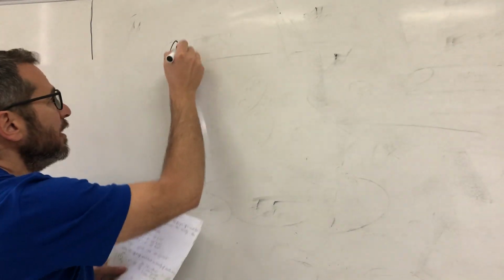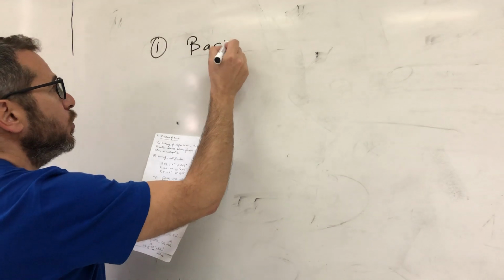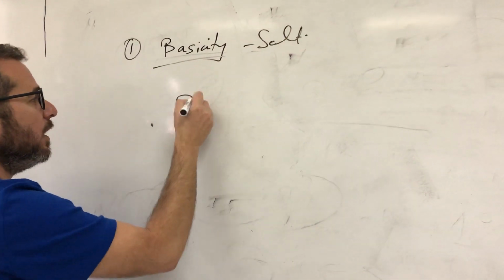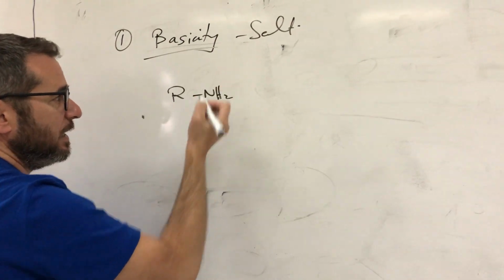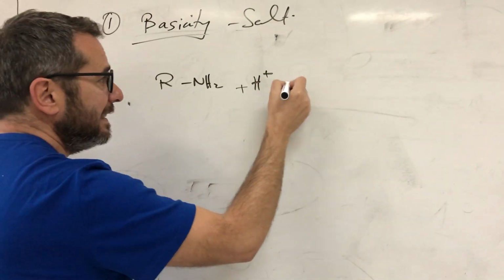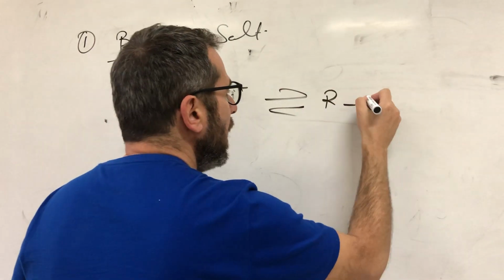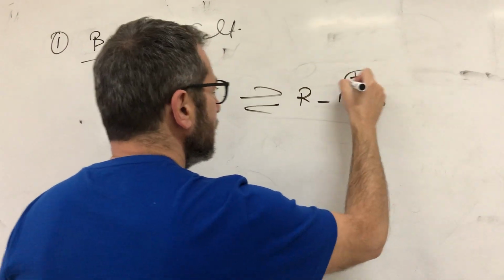What is the first reaction? It's basicity, salt formation. If you take a primary amine, it's a base, so it can accept H+ according to Bronsted and Lowry to form RNH3+.